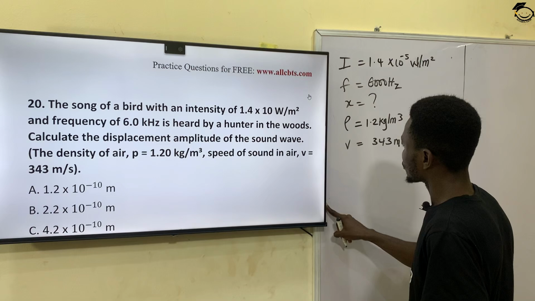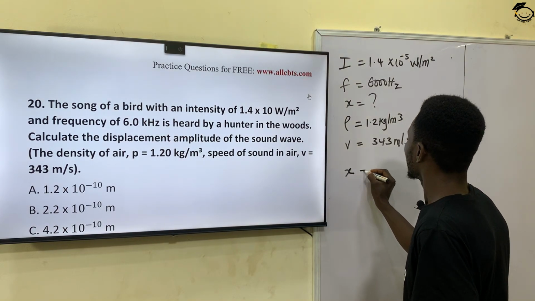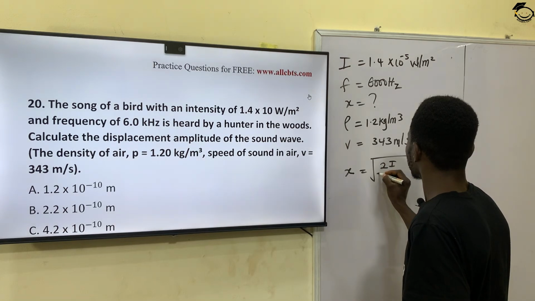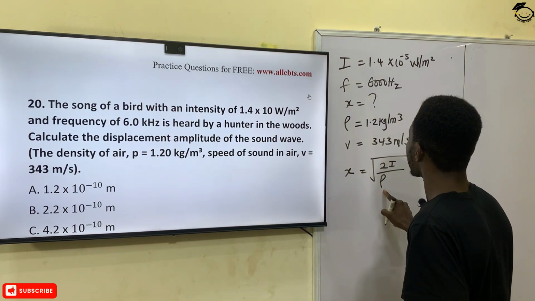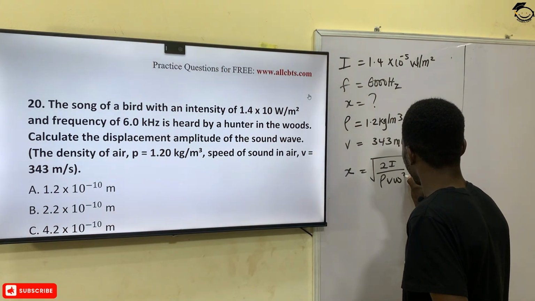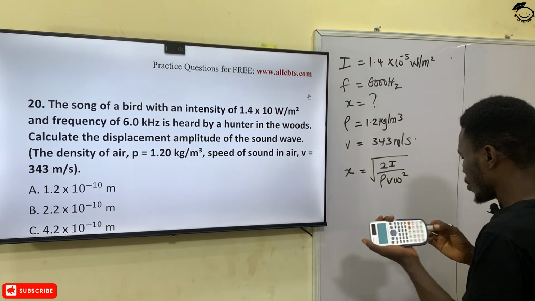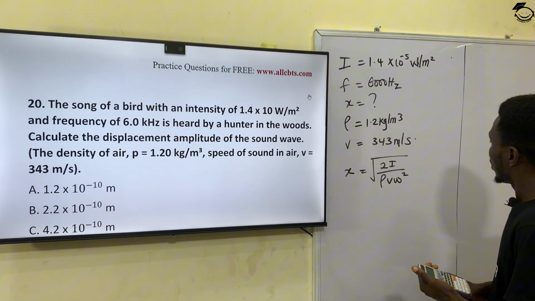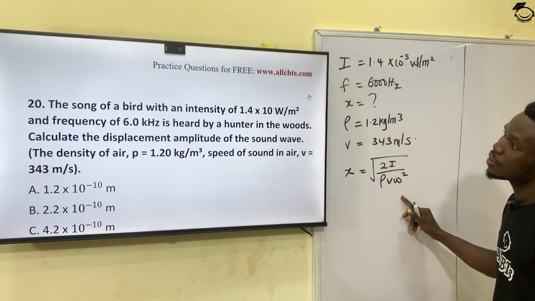And we know that our displacement is equal to the square root of 2 times intensity over rho v omega squared. Here we do not know the angular velocity of this particular sound.